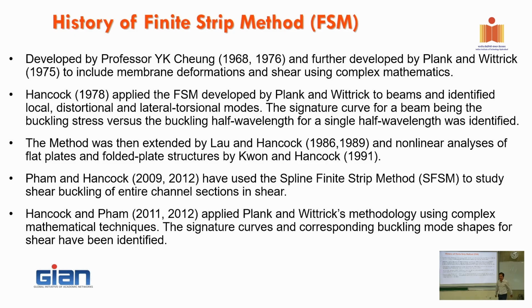Somehow it is more complicated, we thought. So we have to use complex mathematics to solve that one. Or the other way we can use is multiple term theory. I've explained to you before, we're not only using one term. We have to use multiple terms to pick up the boundary condition. Then that's why we can solve for shear.